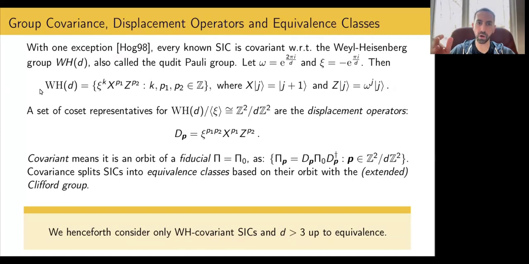All of my statements will be qualified by Weil-Heisenberg symmetry and further qualified by d greater than 3, and that's to rule out some pathologies that happen in dimensions 2 and 3. Yeah, I'll have a little bit more to say about equivalence later, but I won't say explicitly that everything is restricted to these two cases. Okay.